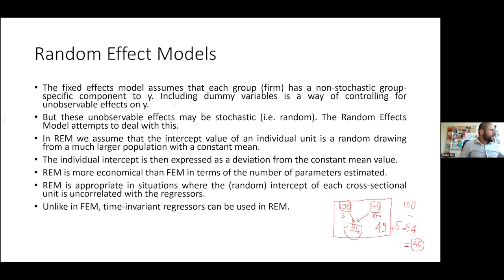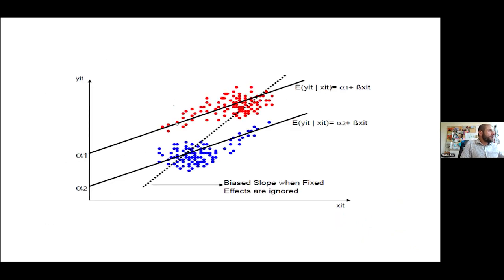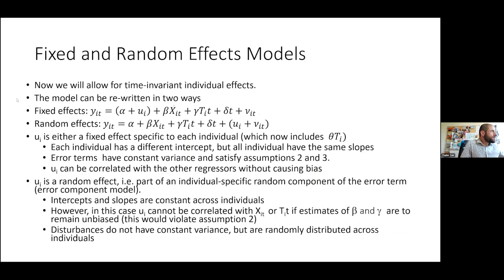Okay, so those are the pros and the cons of the random effects and fixed effects. Okay, so clearly in this case, the random effects model has a composite error because, if you remember, for the random effects the error term is composed of two parts, u_i and ν_it.